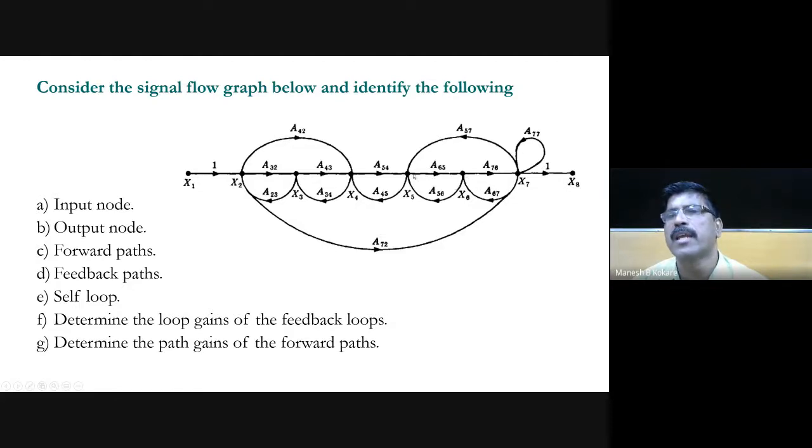And then this one is the sixth feedback loop. What about this one? This one A42, and then this one, and then again this one will also be a feedback loop. Also, this is a self-feedback loop and so on. So we can find all those feedback loops, then determine the loop gains of the feedback loops, and also determine the path gains of the forward paths.